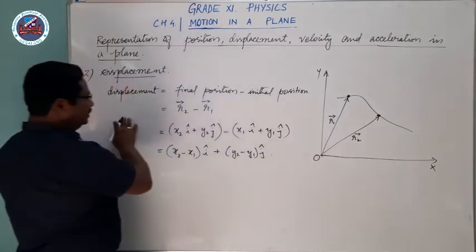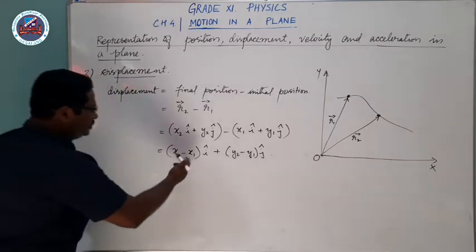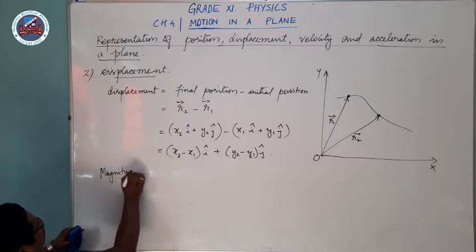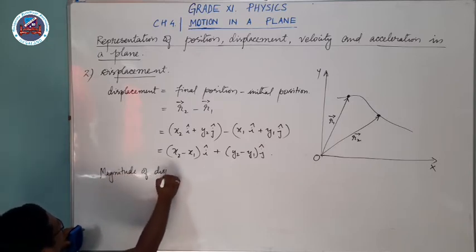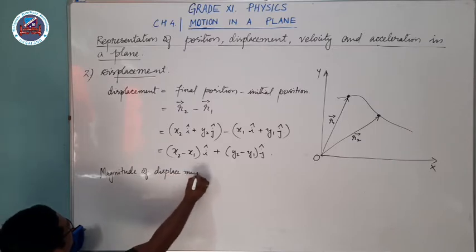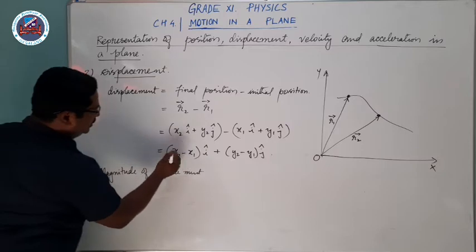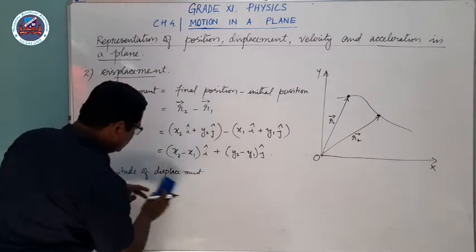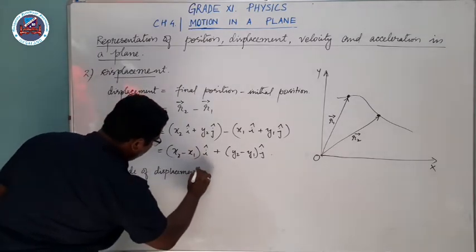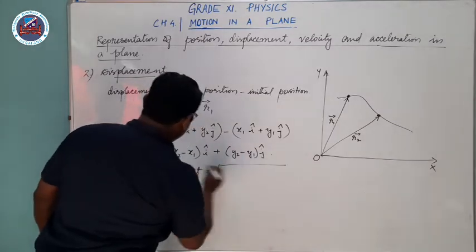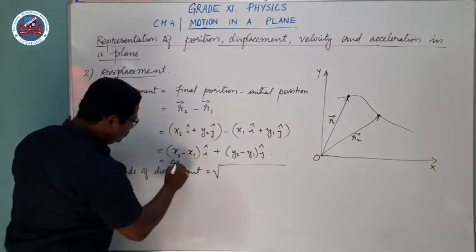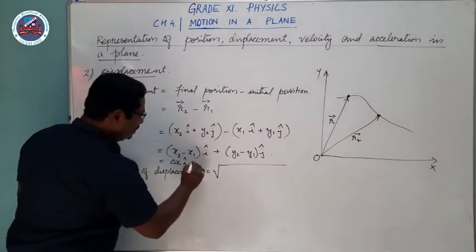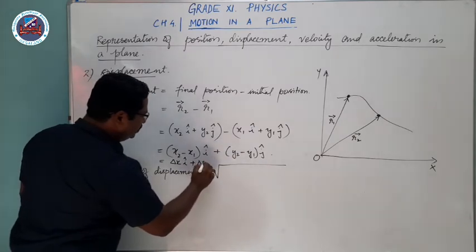Like this you can represent the displacement vector. The magnitude of displacement in terms of vector components, you can write delta x, the change in position along the x-axis, i cap, plus delta y, the change in position along the y-axis, j cap.